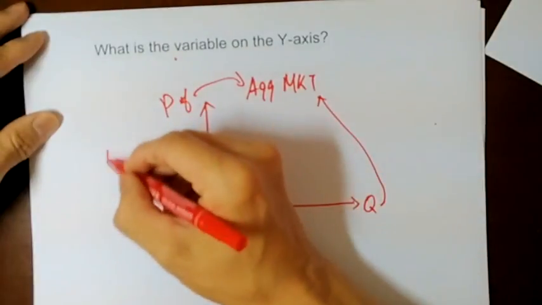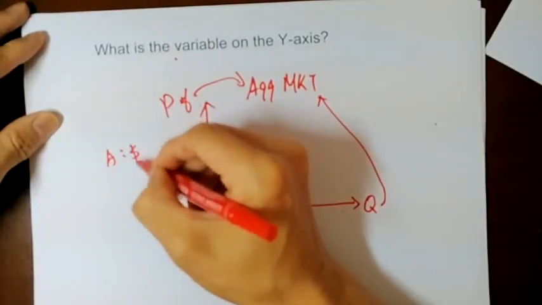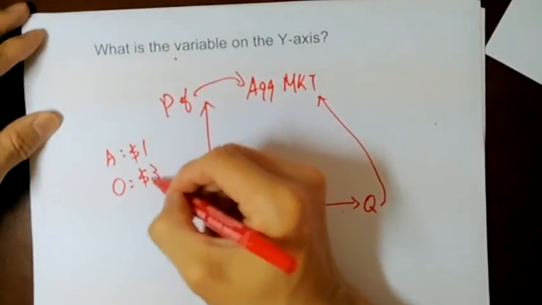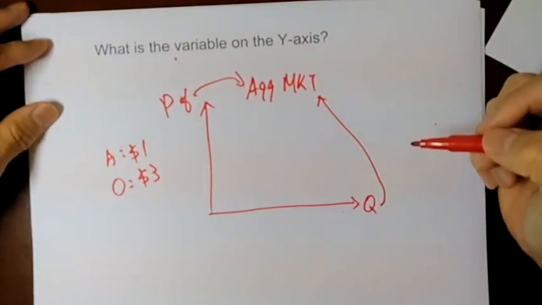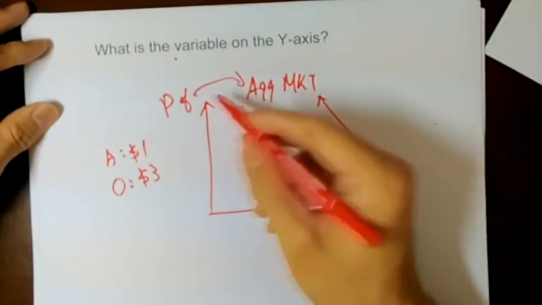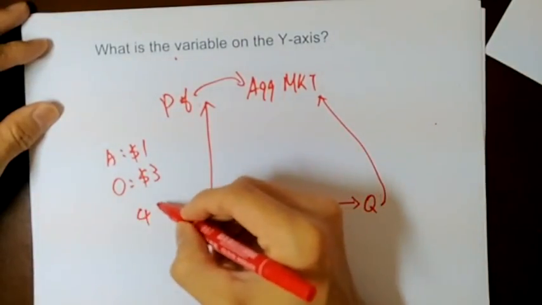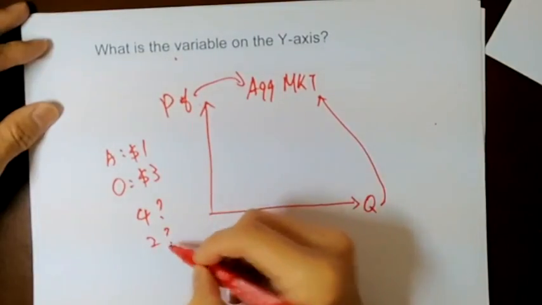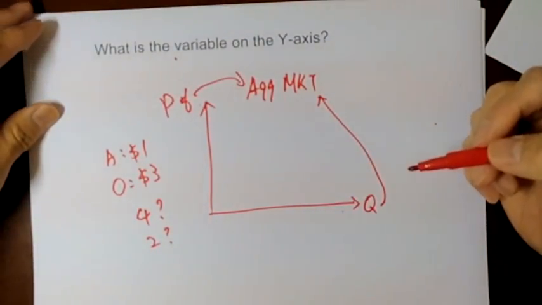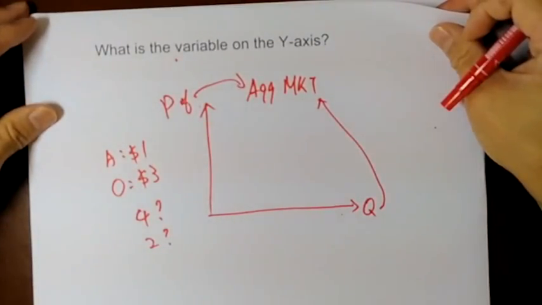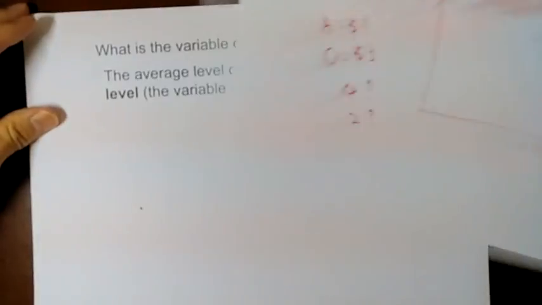Now again, if the price of an apple is $1 each and the price of an orange is $3 each, can we say that the price of the aggregate market is equal to 4 something or 2 something? No, we cannot do that. Therefore, there is no price of the aggregate market.